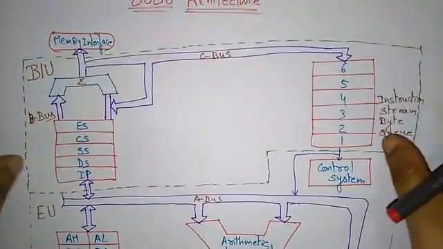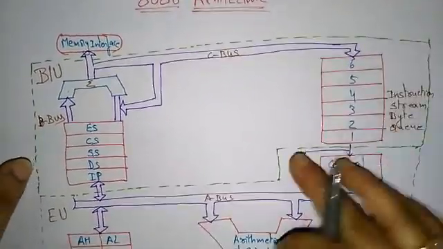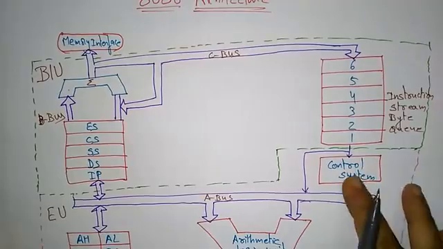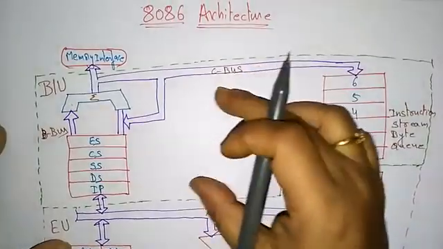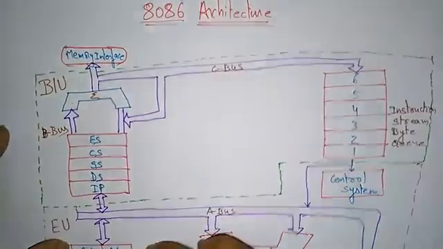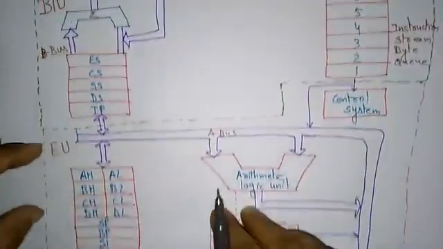So let's see the diagram of the internal architecture. This is the 8086 architecture. I said that the 8086 architecture is divided into 2 units: one is the bus interface unit and the next is the execution unit.